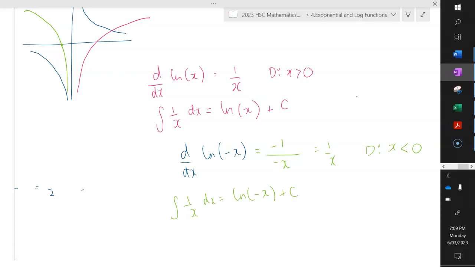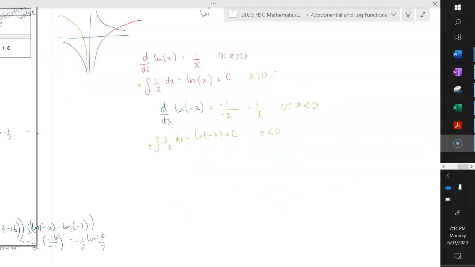So when I'm integrating 1 over x, I've got two different versions here. It's equal to log of x plus c for x greater than 0, but it's also equal to log of minus x plus c for x less than 0. So I have this funny thing happening, and this is where our absolute value comes in handy.